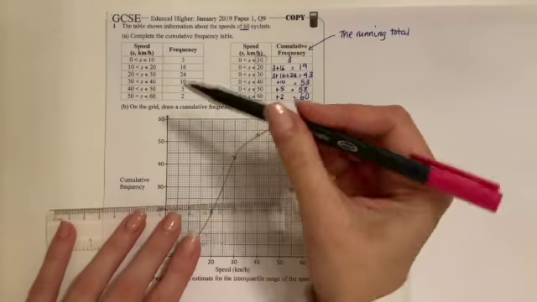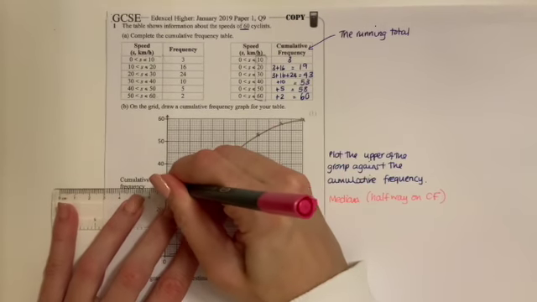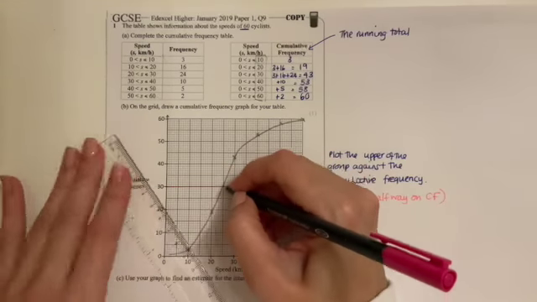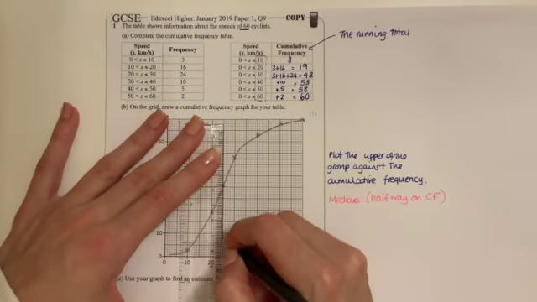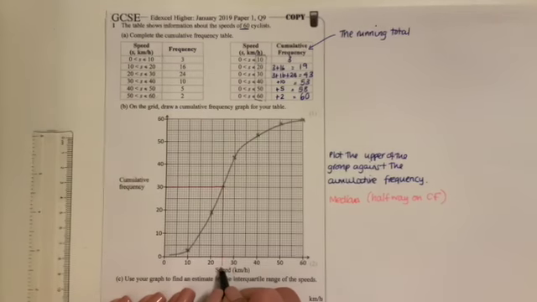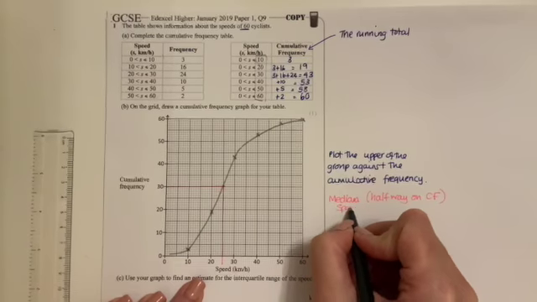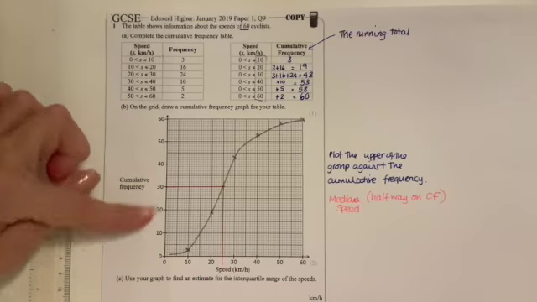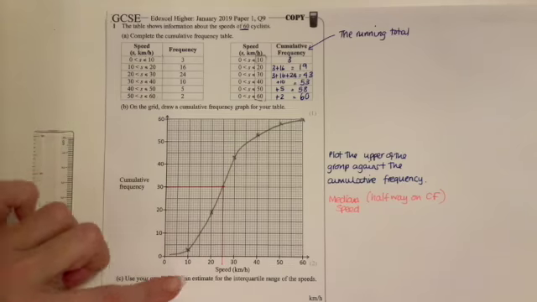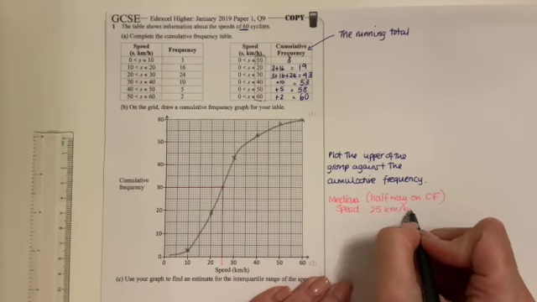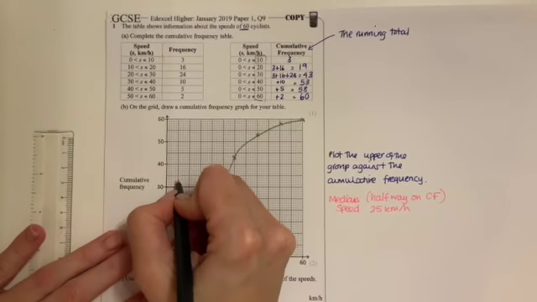I draw a line across from 30, like this, and when it hits the graph, that's where I stop. And then I draw a line down, and it's whatever value is down here. Remember, it's the median speed. It's not the median on the cumulative frequency, it's the median speed. So it's at 25 kilometers per hour, okay? So I write there, median.